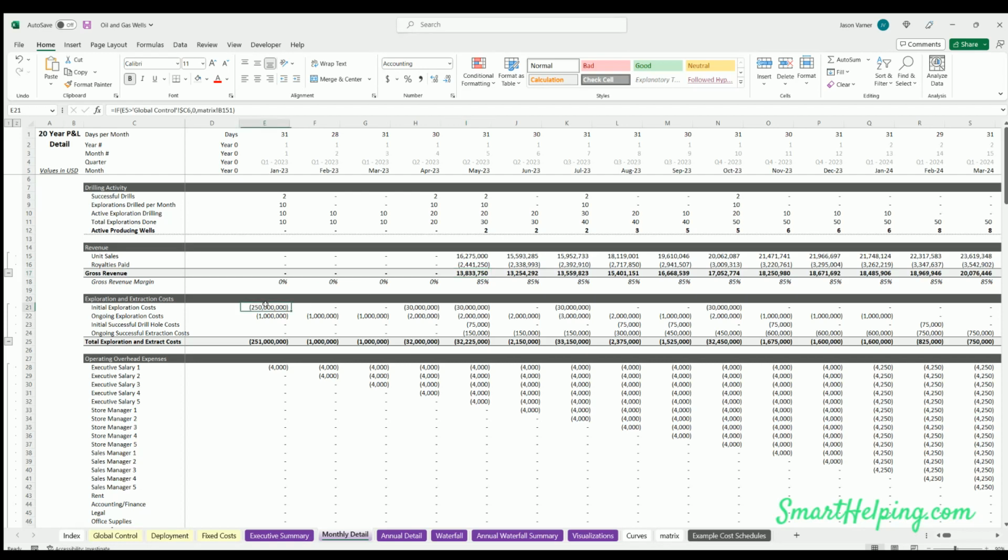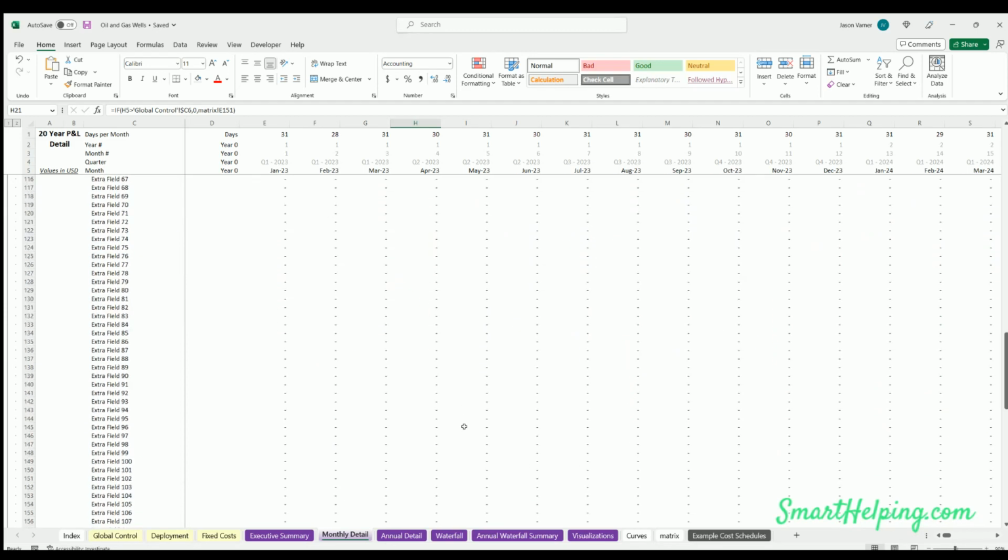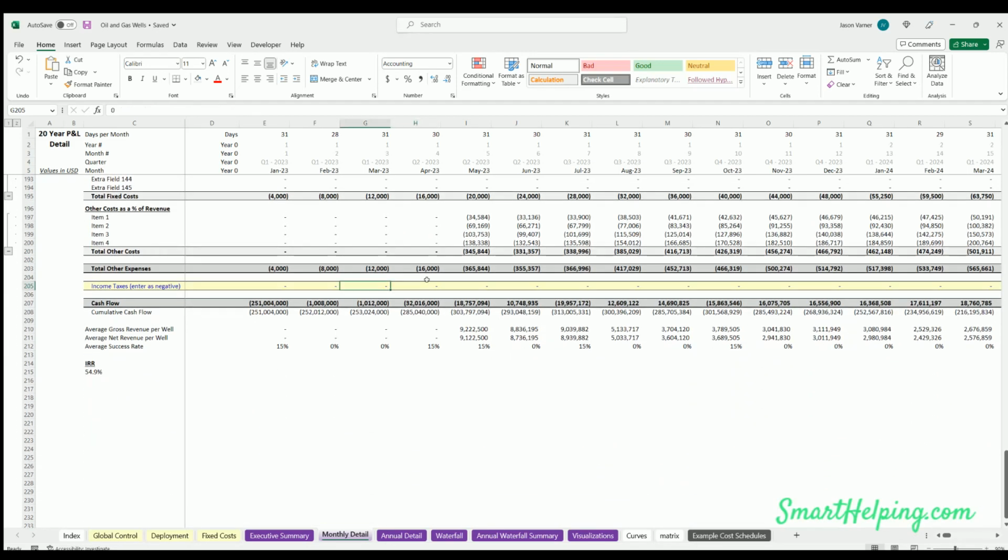You might have some percentage of the ongoing exploration costs that might be tax deductible, the initial drill hole costs, ongoing extraction costs. But I try to separate these into their biggest buckets so that you can still see which is what, and whatever is tax deductible versus a capital asset that has to be depreciated, you can see that here and fill in whatever you think your taxes are going to be manually.